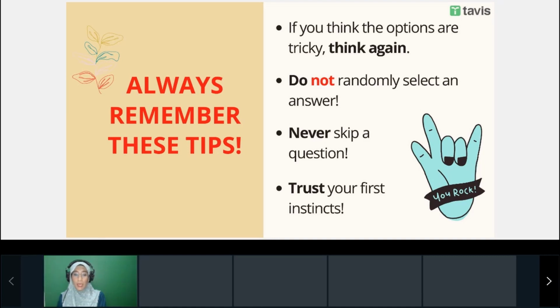Last but not least, trust your first instincts. If you think that is the right one, then take the shot. But make sure you come back and think again, then you can make a scribble on your answer sheet.